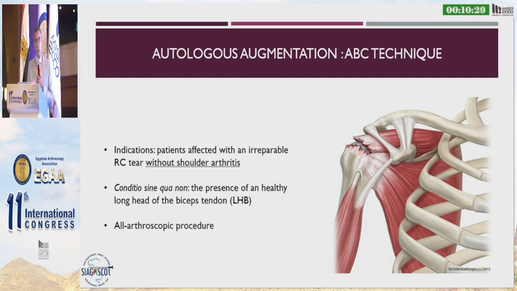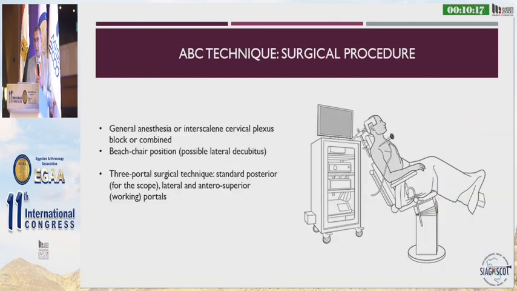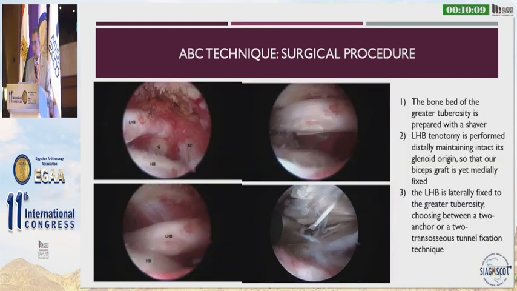First of all, the indication is for patients without arthritis, and conditio sine qua non, the presence of the long head of the biceps, obviously. It is an all-arthroscopic procedure. General anesthesia or otherwise cervical plexus block, beach-chair position, 3 portals, as we will see. The bone bed has to be cleaned and rebuilt as we usually do in a regular cuff repair.